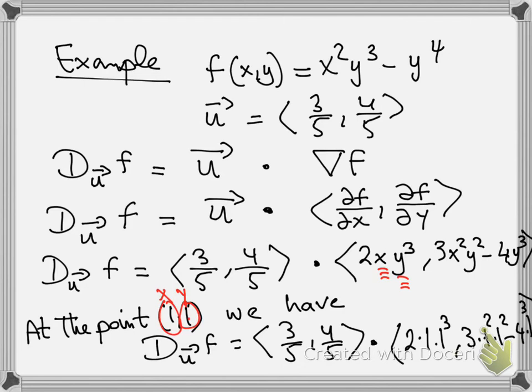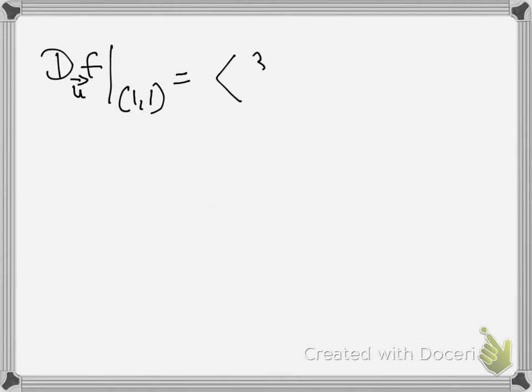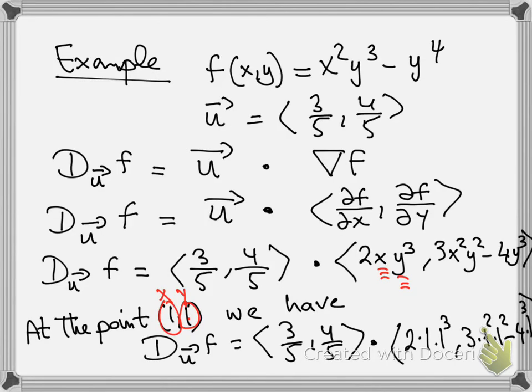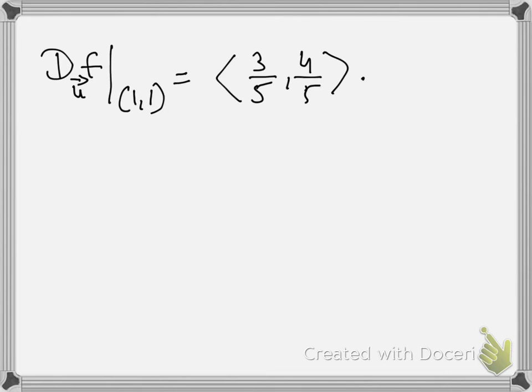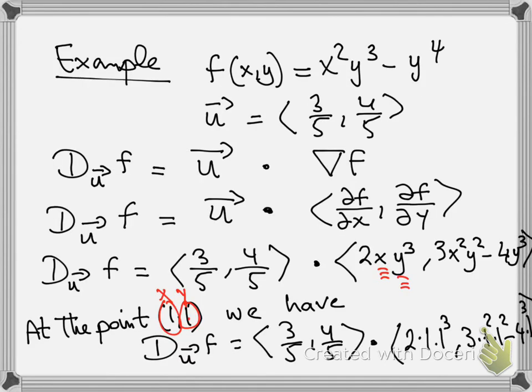And then the second coordinate, we have 3 times 1 squared minus 4 times 1 cubed. So the directional derivative of f in the direction of the vector u at the point (1, 1) is the dot product of (3/5, 4/5) with (2 times 1 cubed, which is 2, and 3 minus 4 times 1 cubed, which is 3 minus 4, negative 1).